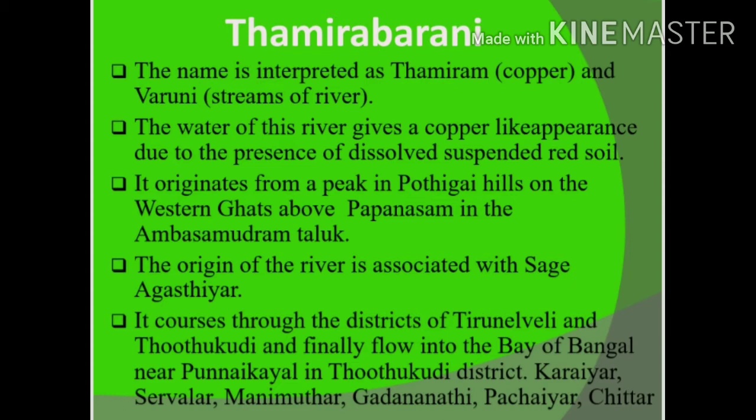It originates from a peak in Podigai Hills in the Western Ghats above Papanasam in the Ambasamudram Taluk. I hope you visited these places. The course is through the districts of Tirunelveli and Thoothukudi, and finally it flows into the Bay of Bengal at Punnakayal, a place near Tiruchendur.